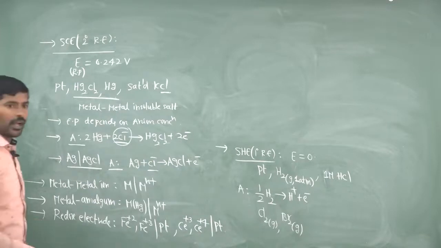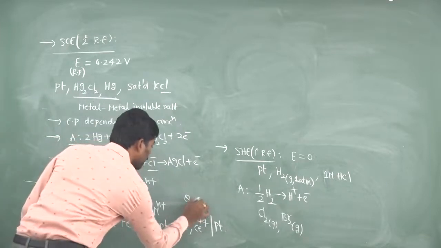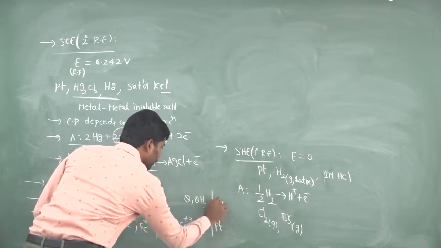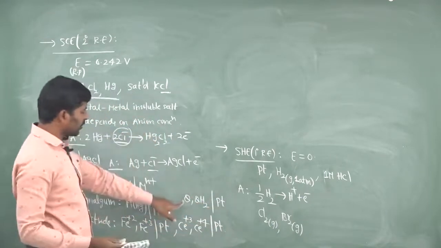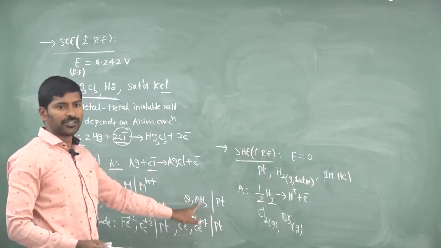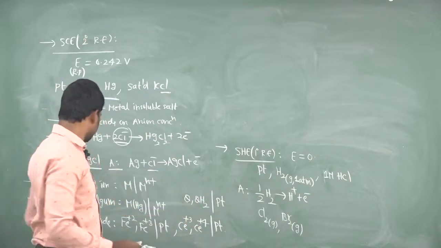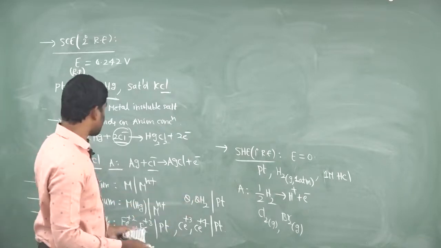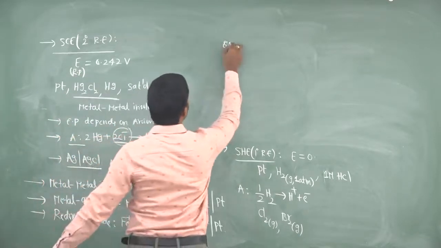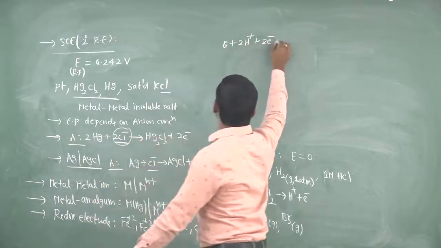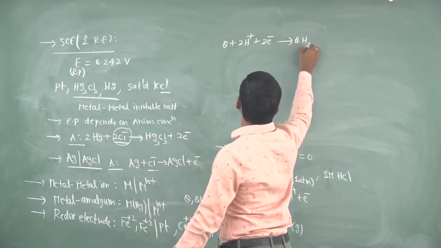Another one is the quinhydron electrode. The quinhydron electrode contains both quinone and hydroquinone. Q is the oxidized form, QH2 is the reduced form, and both oxidized and reduced forms are present. That's why the quinhydron electrode is also an example for a redox electrode. This is the reduction reaction: Q plus 2H plus plus 2 electrons gives rise to QH2.